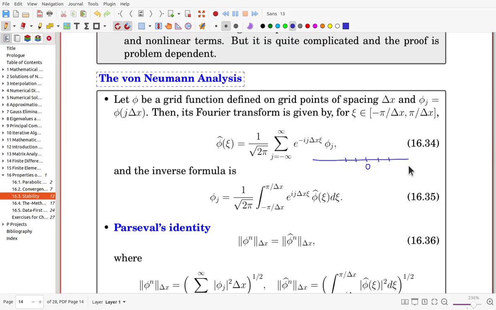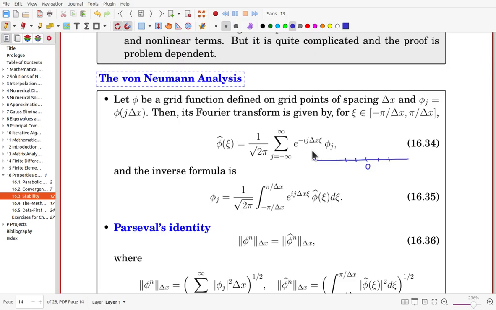And of course, this is defined for the infinite interval, but you may think of some grid function that is non-zero only around a finite number of grid points, so it's not really a restriction, it's a general formulation.